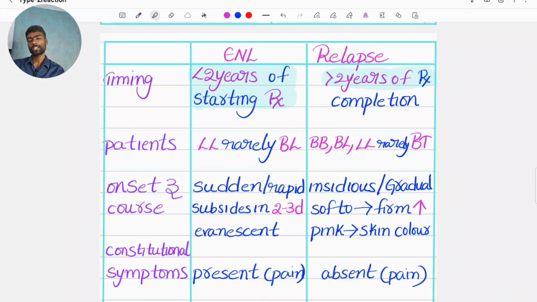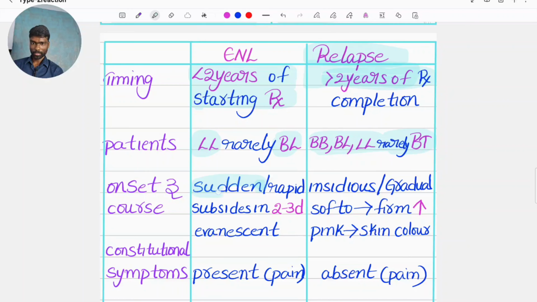Reappearance of leprosy after completion of treatment at any time is called relapse. Usually it takes years of time, usually more than 2 years. ENL occurs less than 2 years of starting the treatment, but can occur until 7 to 8 years after treatment also. Occurs in LL, rarely BL. Here it occurs in BB, BL, LL, rarely in tuberculoid pole, borderline tuberculoid.